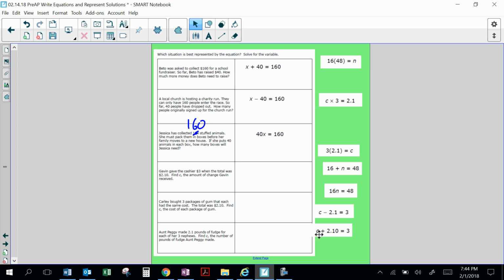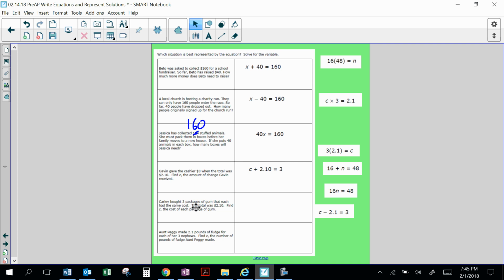The change plus $2.10 equals $3. It's going to be this one. So find C, the amount of change Gavin received. The change is what he received plus the $2.10, and the total he gave equals $3.